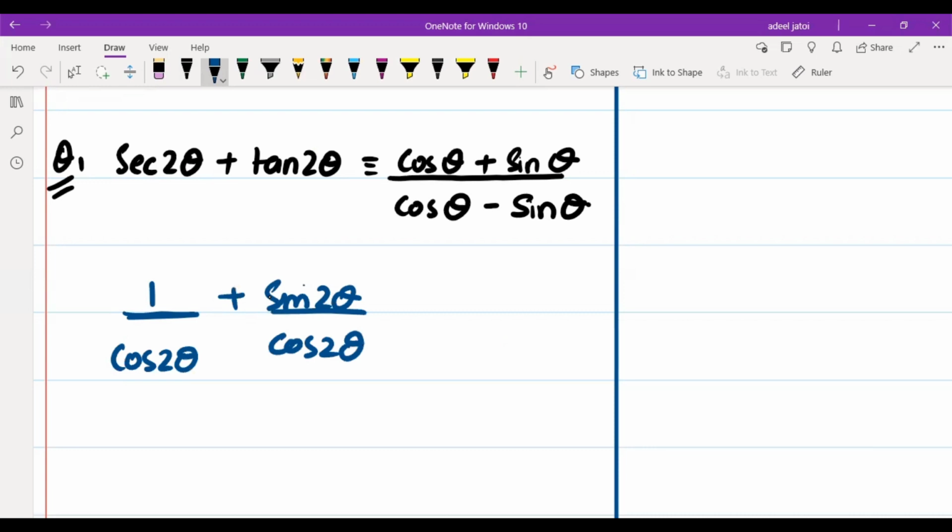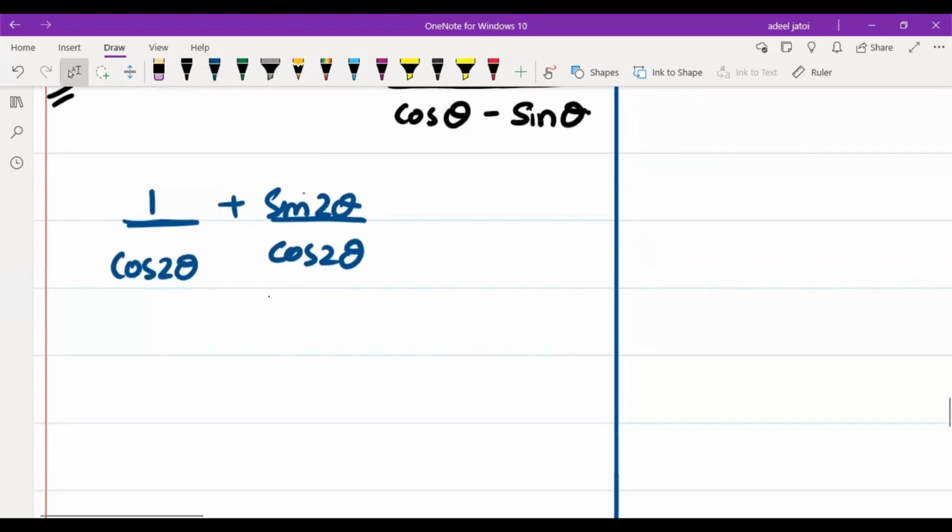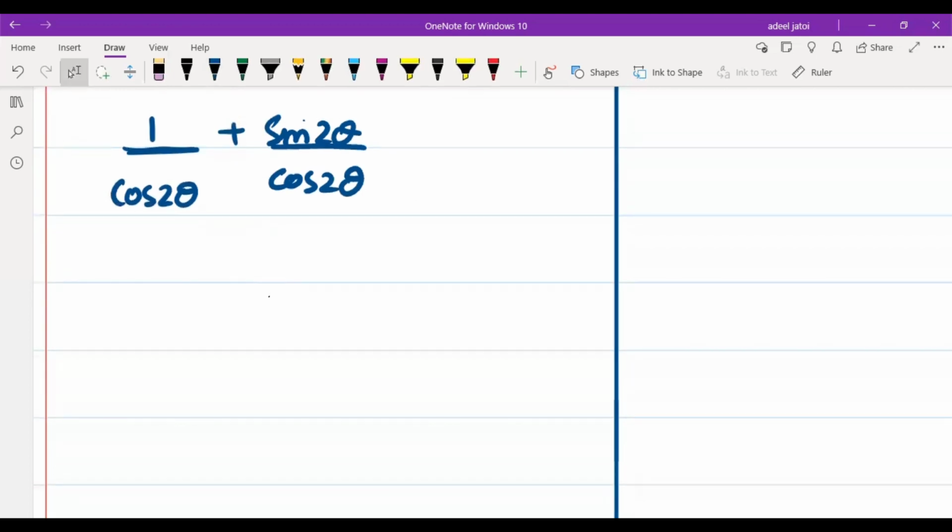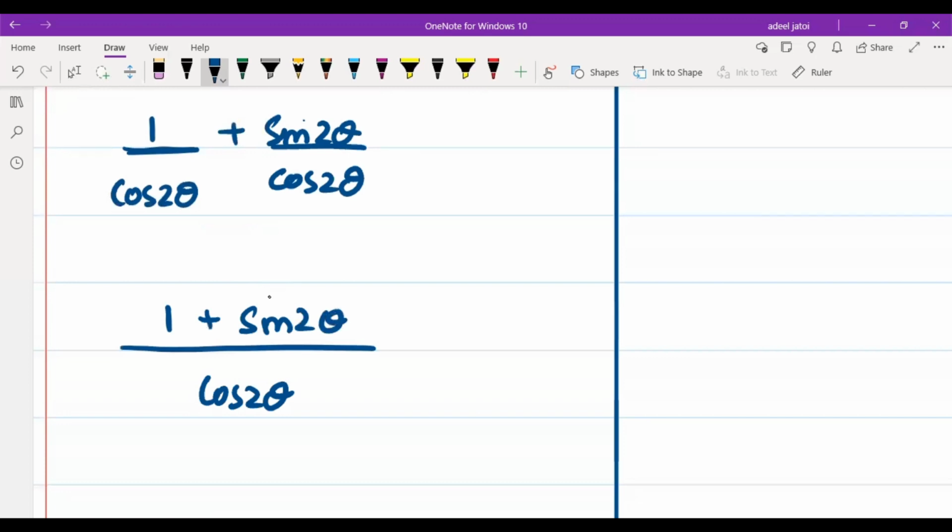Now, considering one thing, that is cos 2 theta is in the denominator. We can take down the LCM, and if we take down the LCM, this can be written as cos 2 theta, and this should be 1 plus sin 2 theta, which means further on, if we want to solve this, we will be working on sin 2 theta.